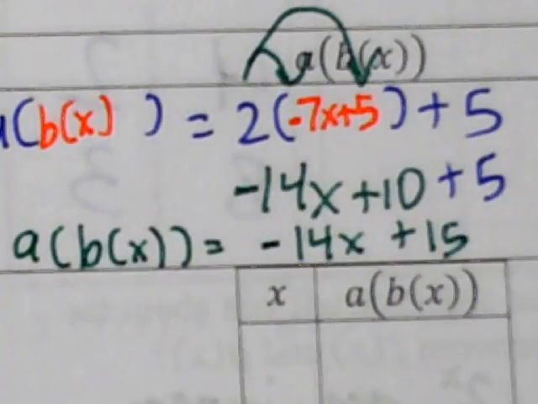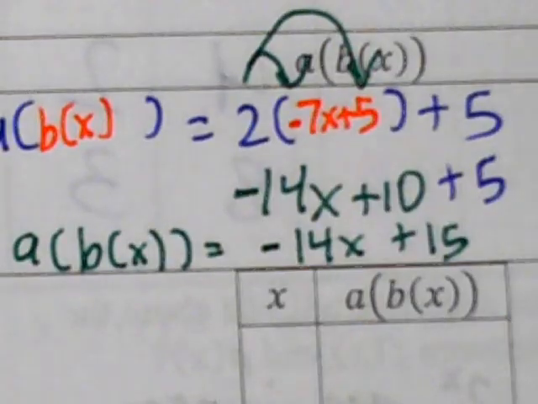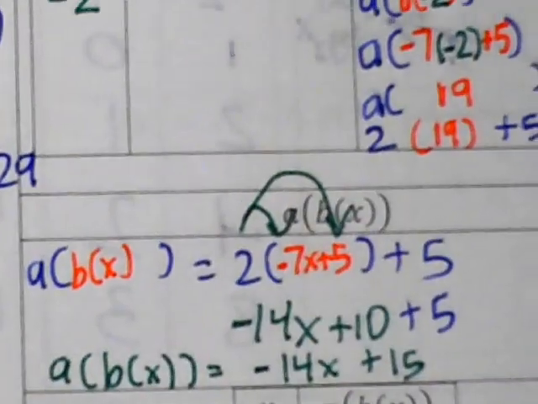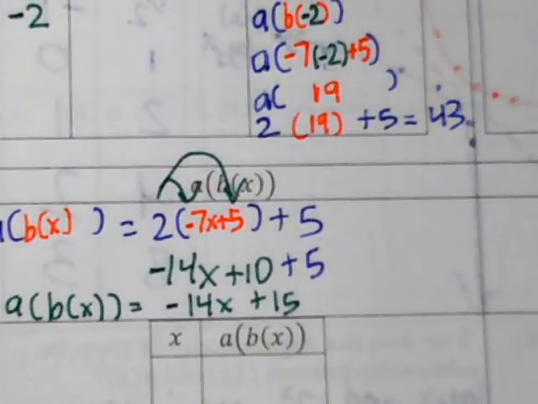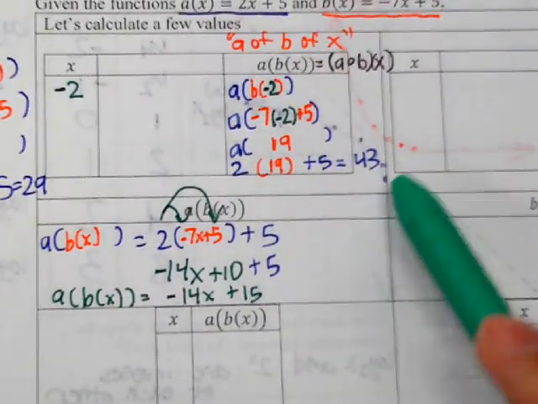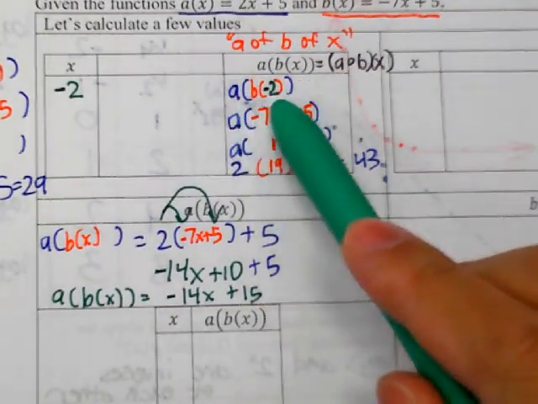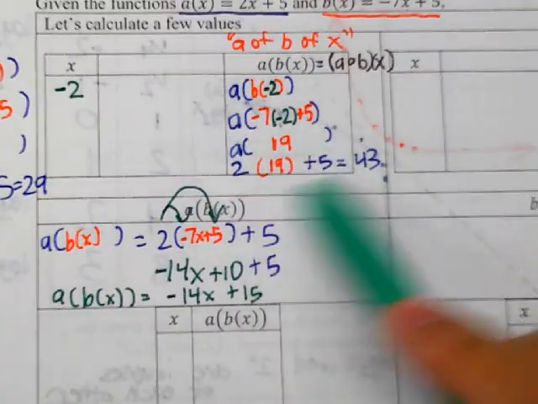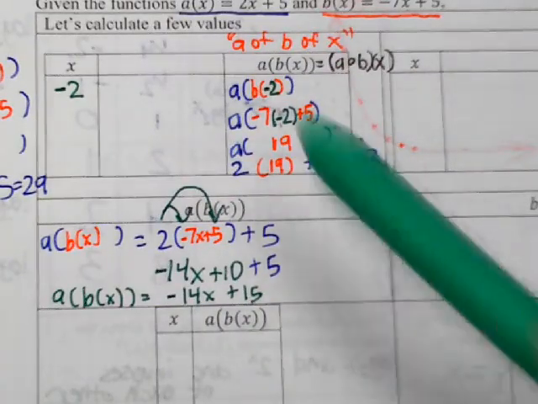Okay, so let's verify that this works. Earlier we did a of b of negative 2, and we did a long 2-step calculation to get an answer of 43. Let's see if we get the same answer with this composition. We don't need to look at the individual parts anymore. We look at the composition.